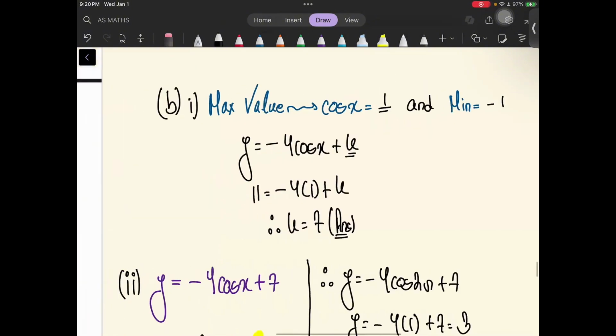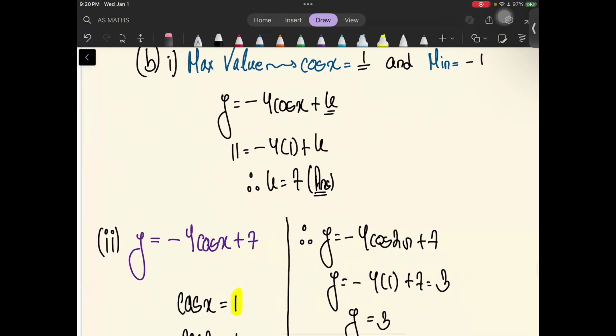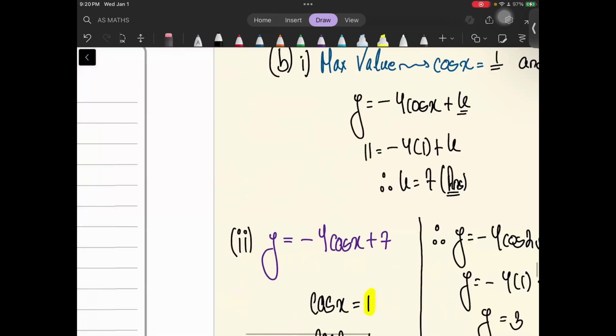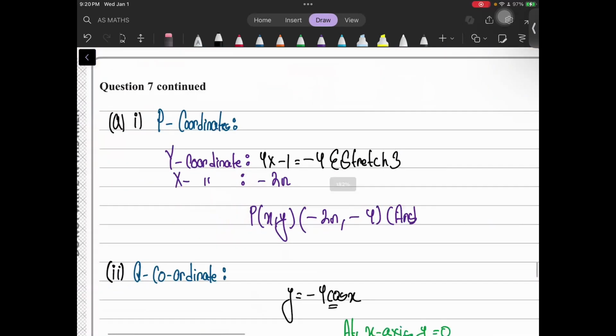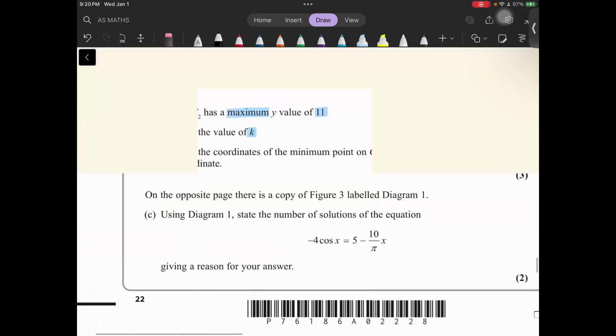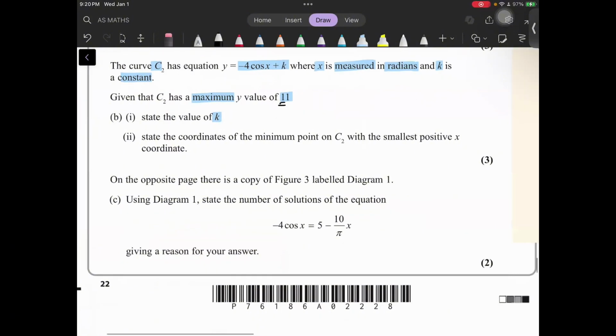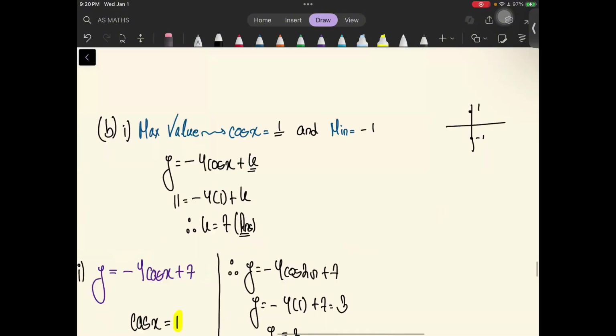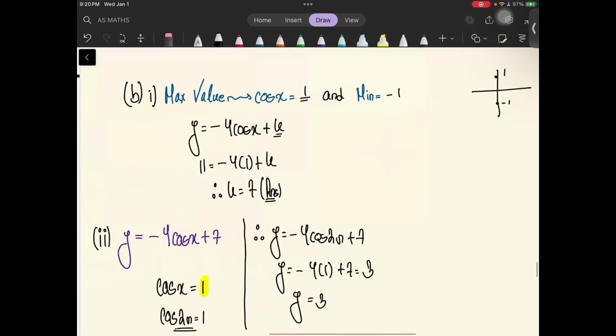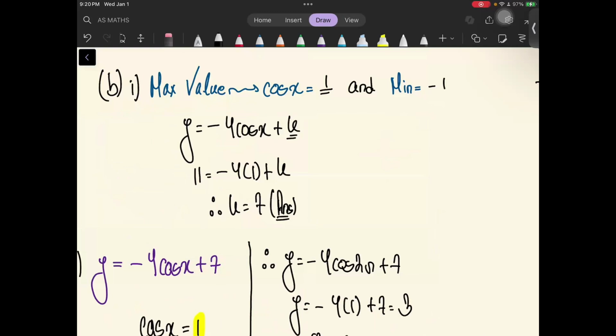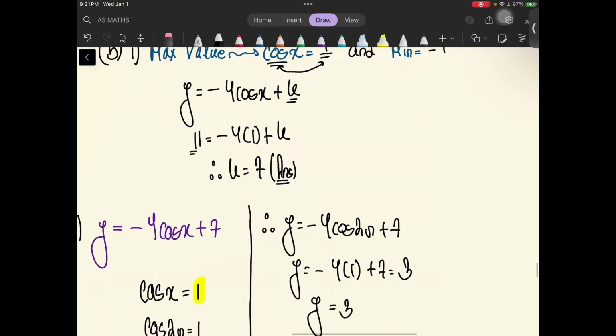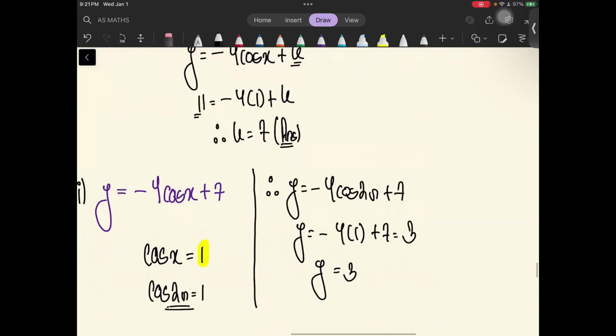As it said maximum value of y, at the maximum value of y, the value of cos x is going to be equal to 1, right? Because for the maximum value of cos x, you get the maximum value of y as well. You substitute this maximum value, and you get a k value of 7, right? Done.